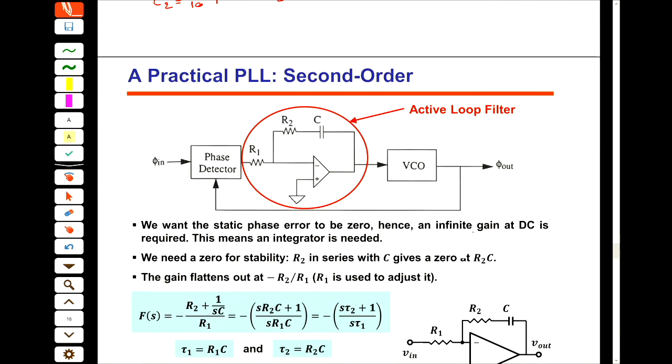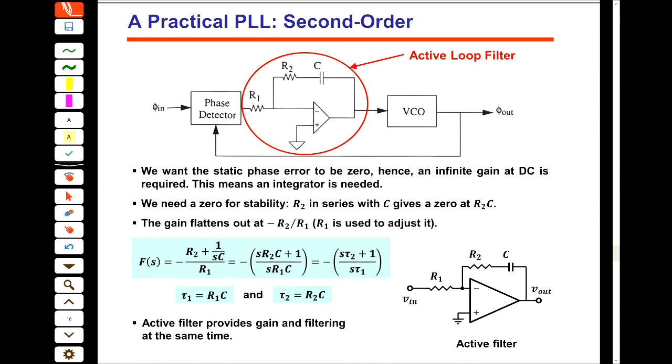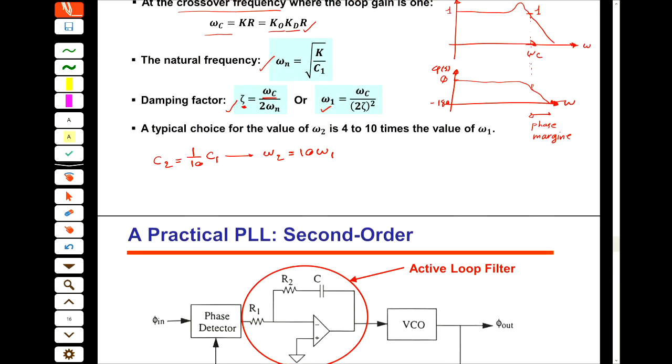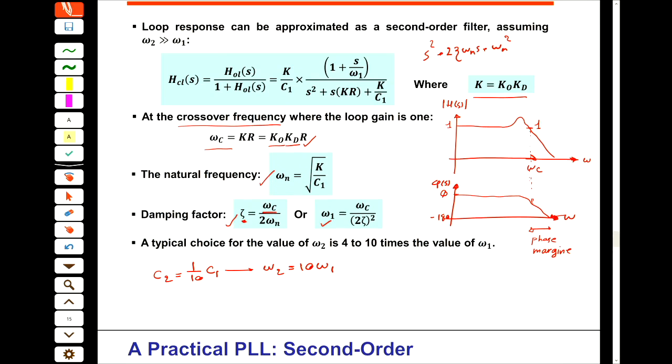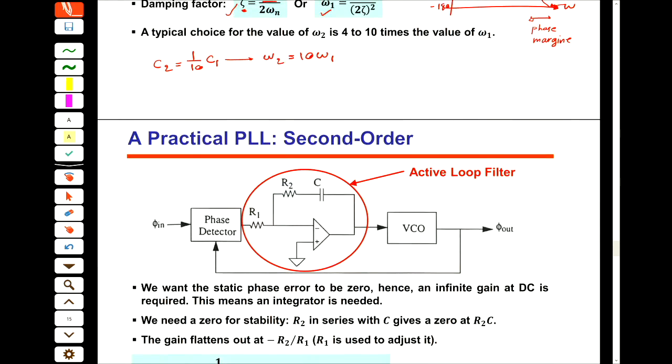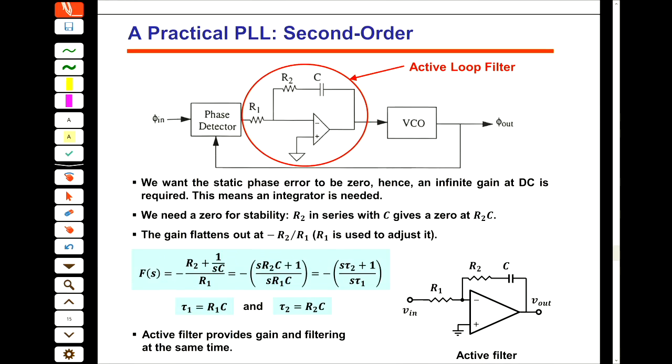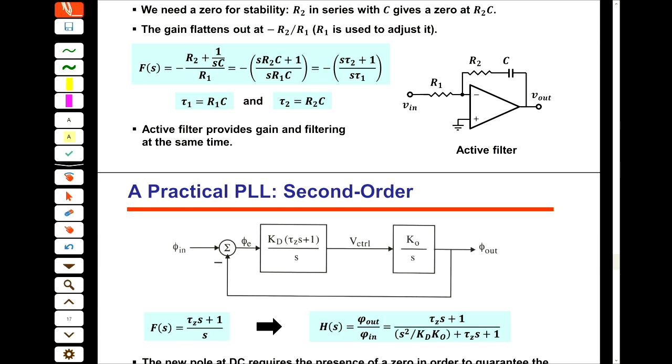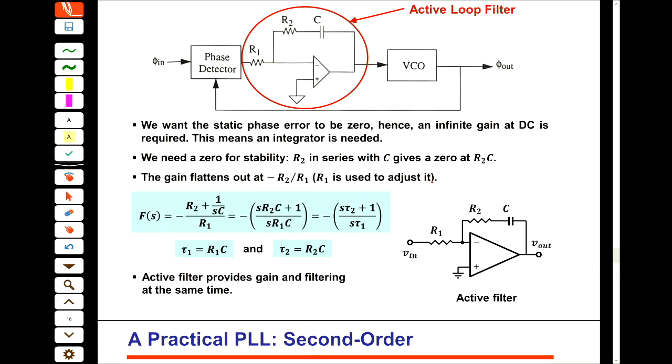All right. The last one that I want to show you here is an active filter. If the gain of the loop is not enough, I mean if these two numbers, KO and KD, are not enough, then we use another gain based on the active filter that we use.